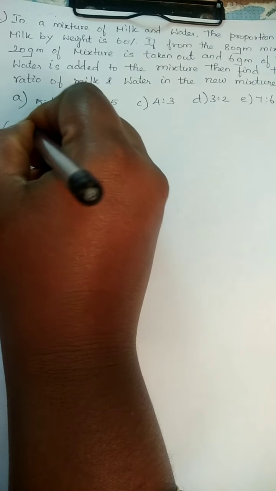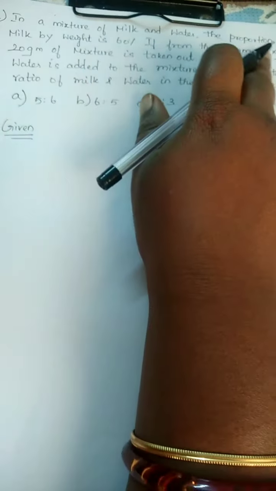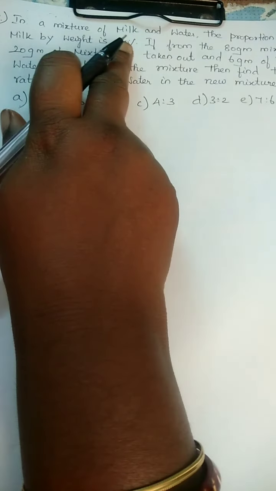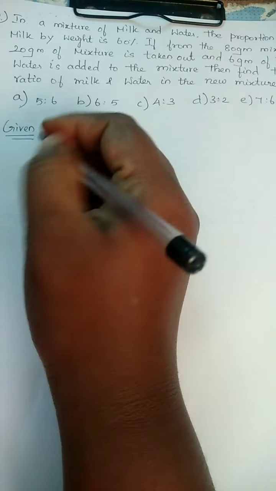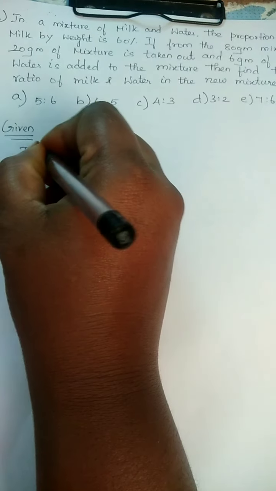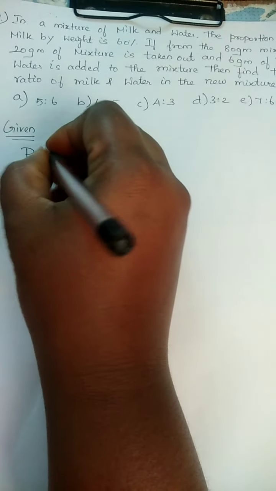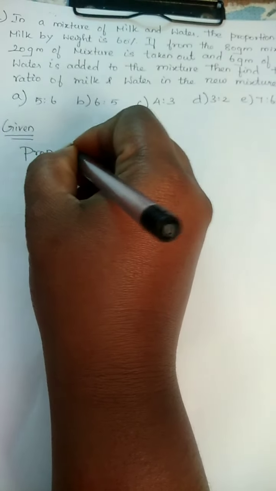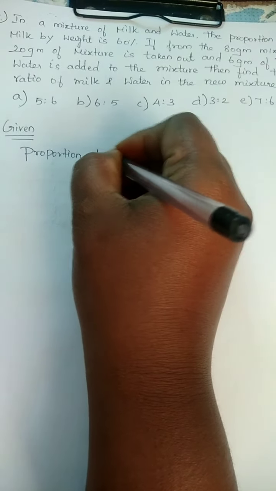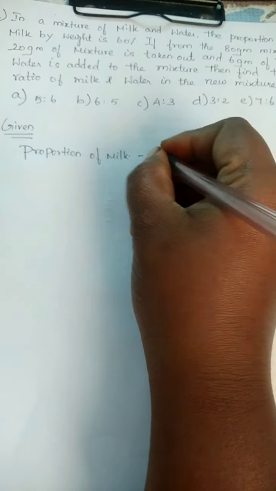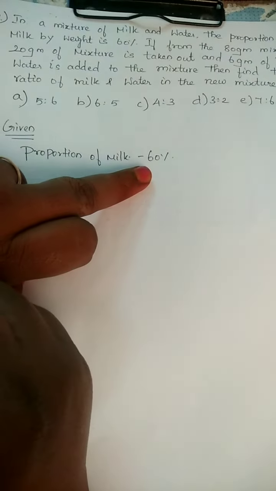In a mixture of milk and water, the proportion of milk by weight is 60%. Here the proportion of milk is 60%.